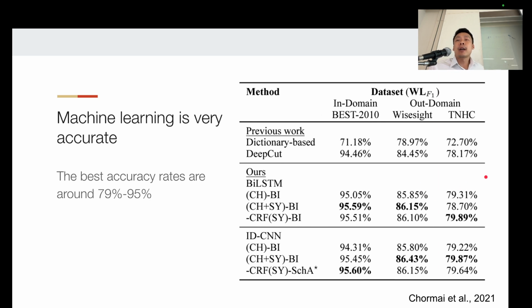So this is my own paper from 2001, 2021, seems like eternity ago. So if you compare the performance, the higher the better. The dictionary base, you get 70%, which is not that bad actually. But if you use deep learning, use machine learning, you can get 90 up kind of performance.